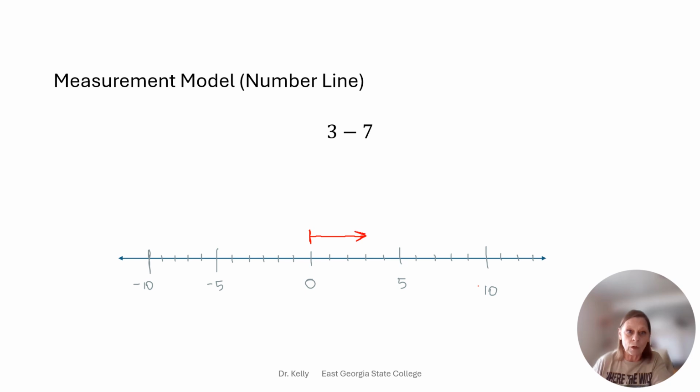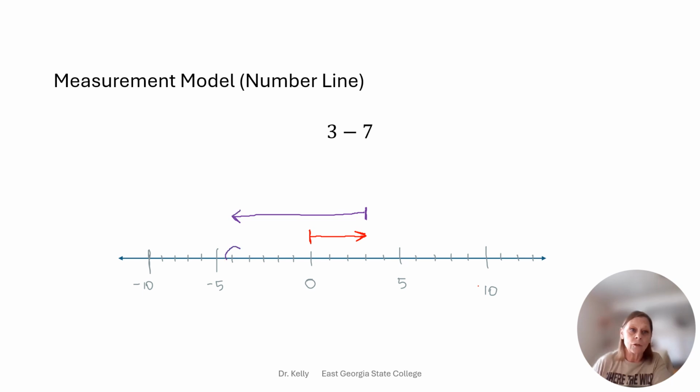If you were at school, you would have labeled every single one of these hash marks, but I'm a little bit lazy. Then we pick up at the end of that 3, and now we're going to go 7 in the negative direction. So now we're going backwards 7: 1, 2, 3, 4, 5, 6, 7.